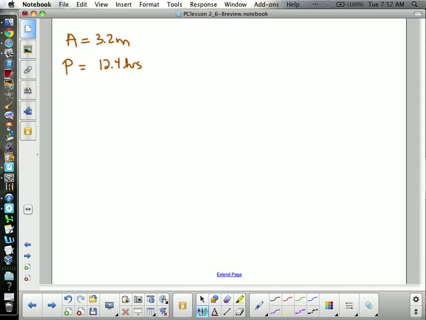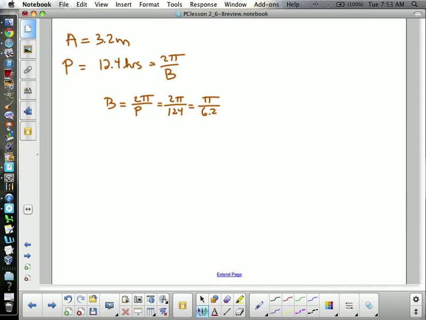B, so when we set up our period is also 2 pi over B. So B equals 2 pi over the period, which in this case is 2 pi over 12.4, which would be pi over 6.2.